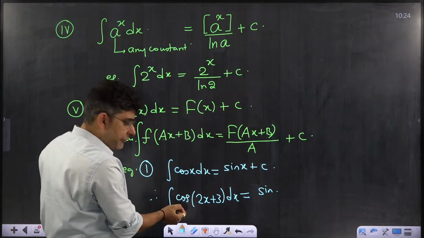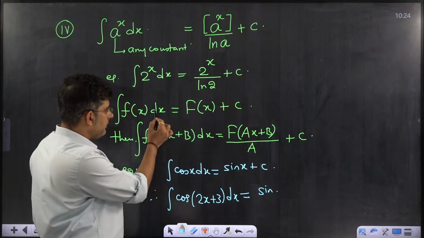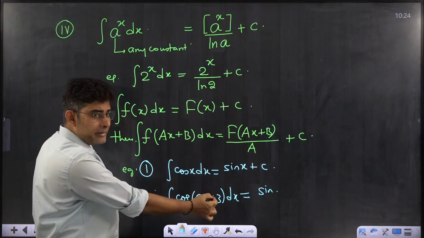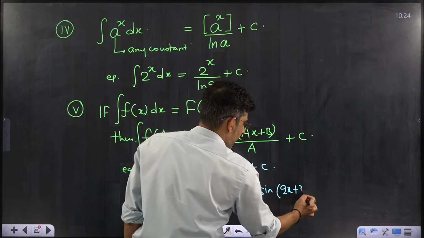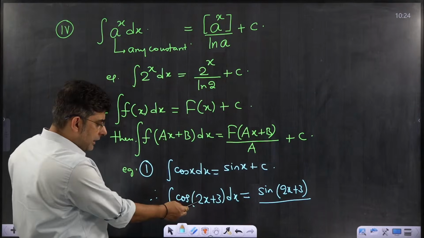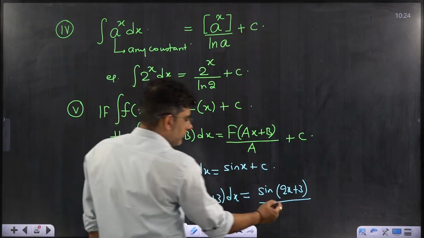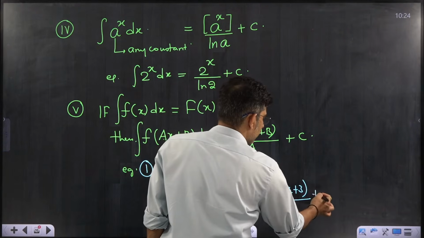In place of x you have a linear function 2x plus 3, so here also you will write sin of 2x plus 3, done. Now comes the division part. Whatever is multiplied with x, that you have to divide, so the total will be divided by 2, plus c.